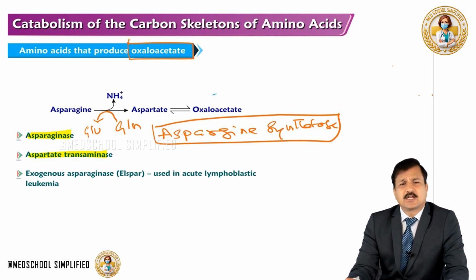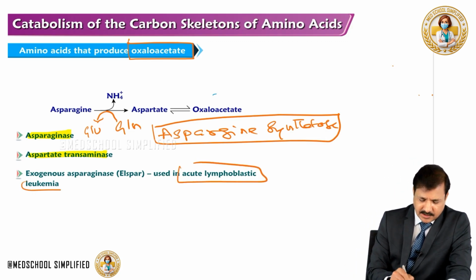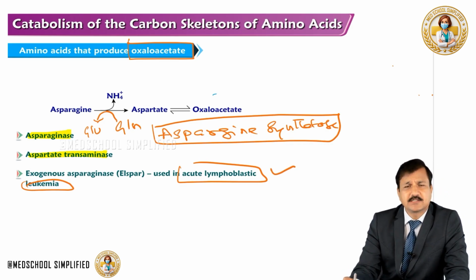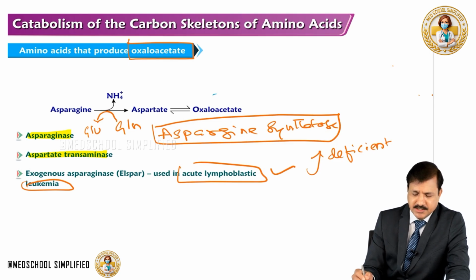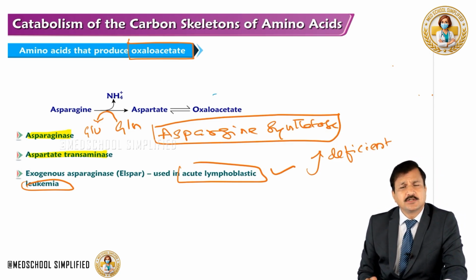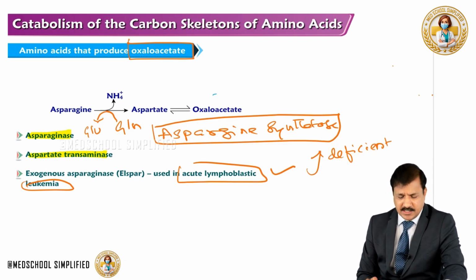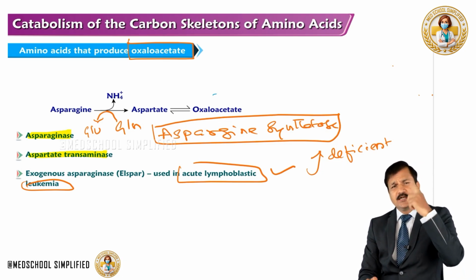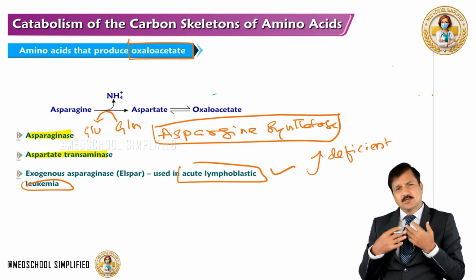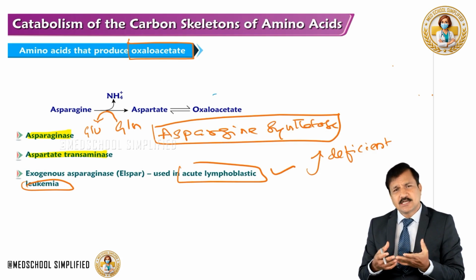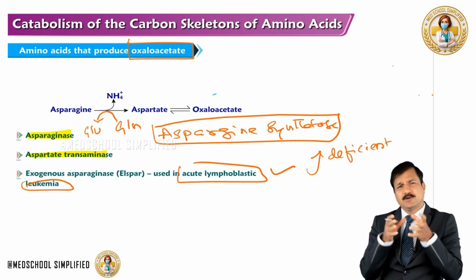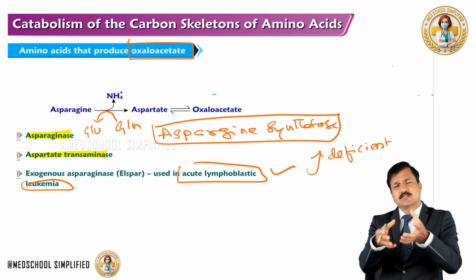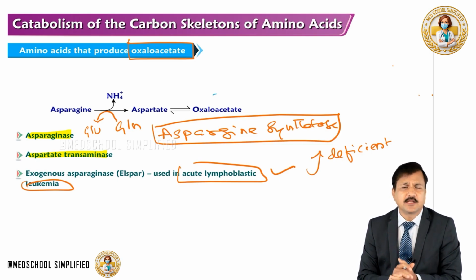Now certain tumor cells, like acute lymphoblastic leukemia tumor cells, are deficient in asparagine synthetase enzyme, meaning they don't express it. So acute lymphoblastic leukemia cells are dependent on asparagine coming from our diet. When we consume proteins, one of the amino acids is asparagine, which is digested, absorbed and gets into our bloodstream, and from the bloodstream, acute lymphoblastic leukemia cells take that asparagine and use it for their own protein synthesis.